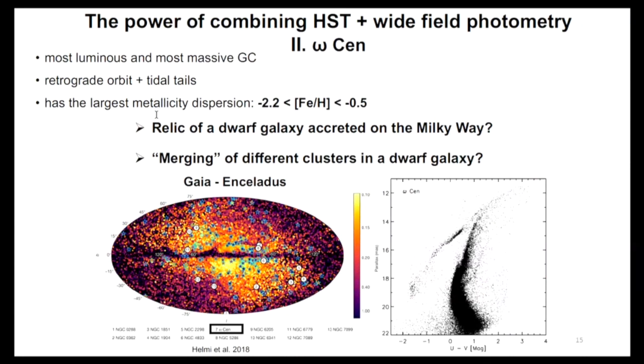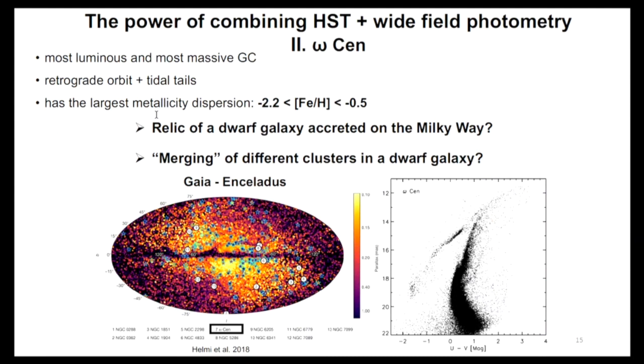So we asked, is this something only peculiar for NGC 2808, or do other clusters show the same behavior? And that's true. Other clusters showed a similar behavior, in particular Omega Cen, which is the most massive globular cluster that we have in the galaxy. I say globular because it might be that it's not a real globular cluster.